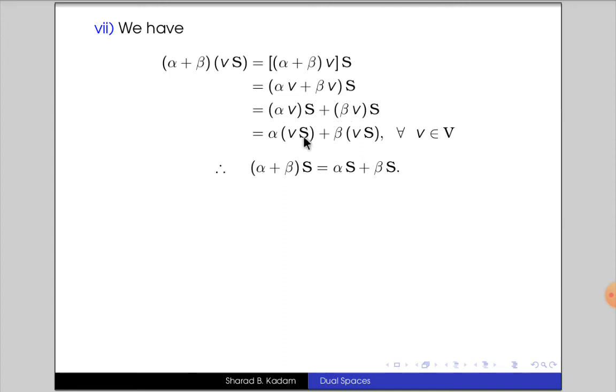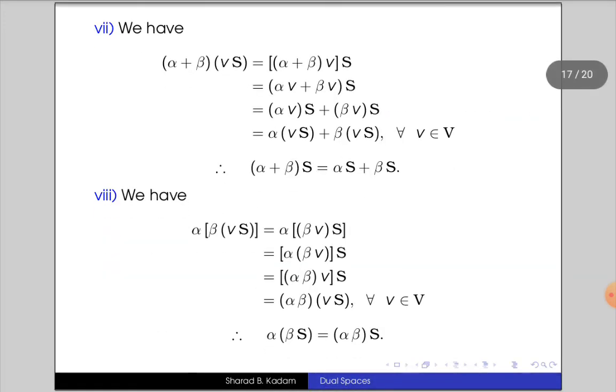And by the way of defining the binary operation, this equals alpha into S(v) plus beta into S(v). So we have shown that (alpha plus beta) into S equals alpha S plus beta S.